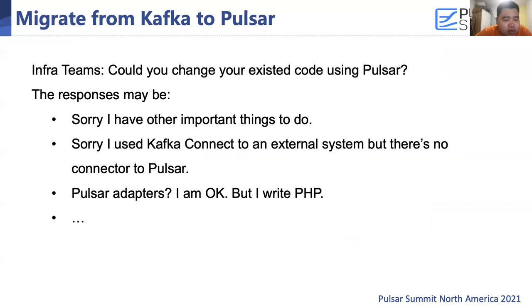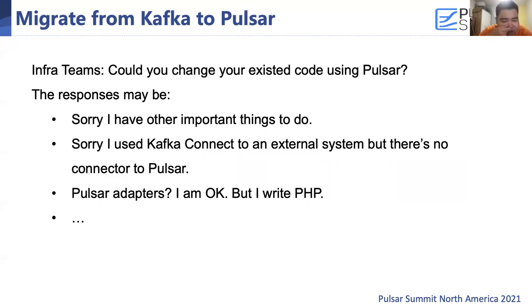So imagine your infra team asks this question: could you change your existing code to use Pulsar? The response may be: sorry, I have other important things to do and I don't want to change my code. Or: sorry, I use Kafka Connect to an external system, but there is no connector for Pulsar.